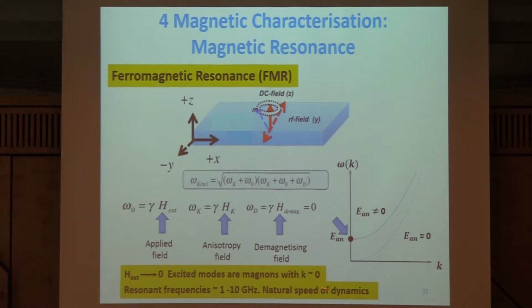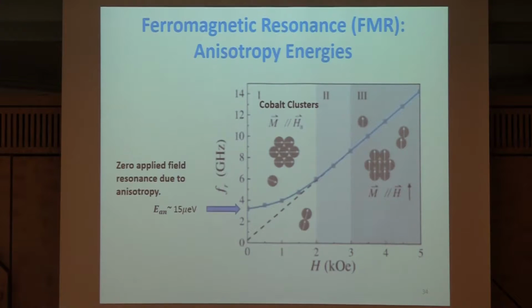So what have we got? We've got excited modes down near zero k, and the resonant frequencies are in the region of 1 to 10 gigahertz. So that's an actual dynamic time scale or speed for the ferromagnets.